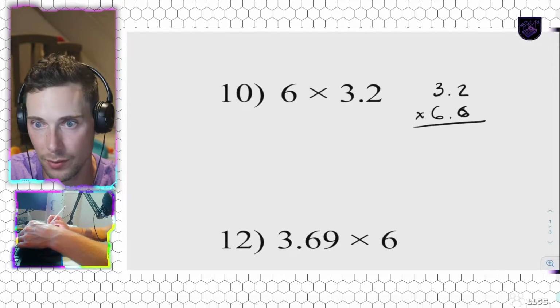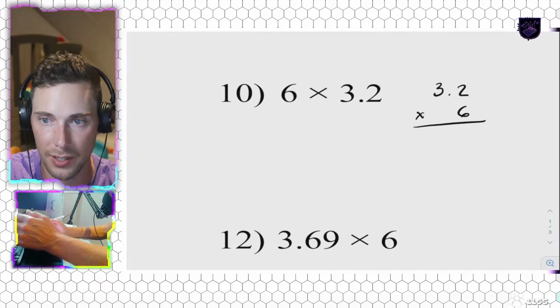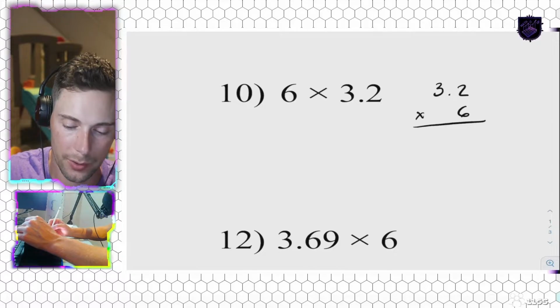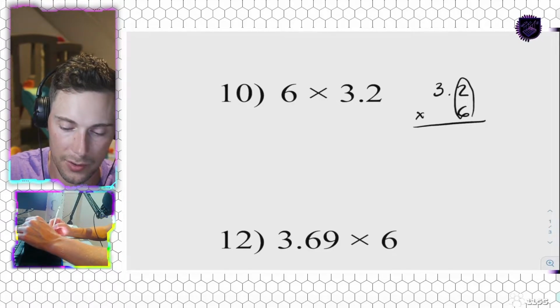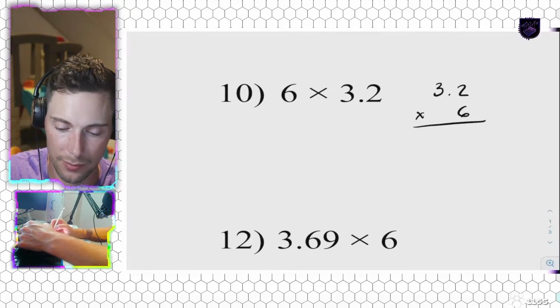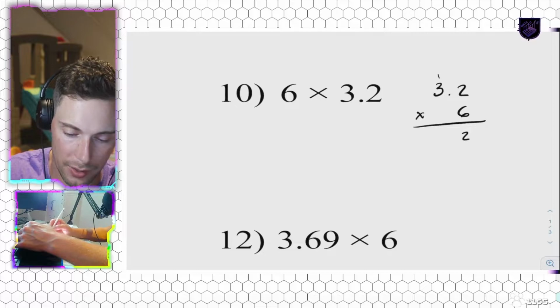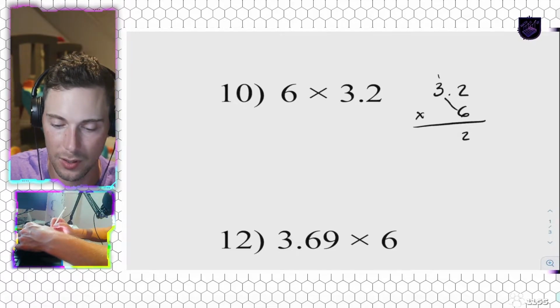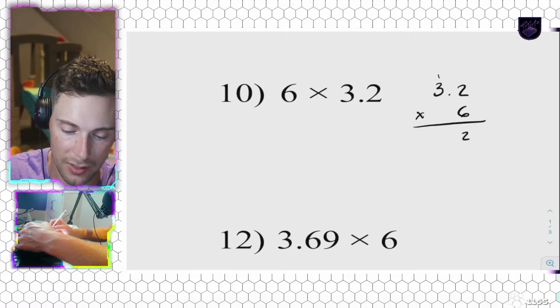That's not what we're doing. We're going to write the 6 right there. We're going to go 6 times 2, which is 12. Write the 2, carry the 1. 6 times 3, which is 18, plus 1, 19.